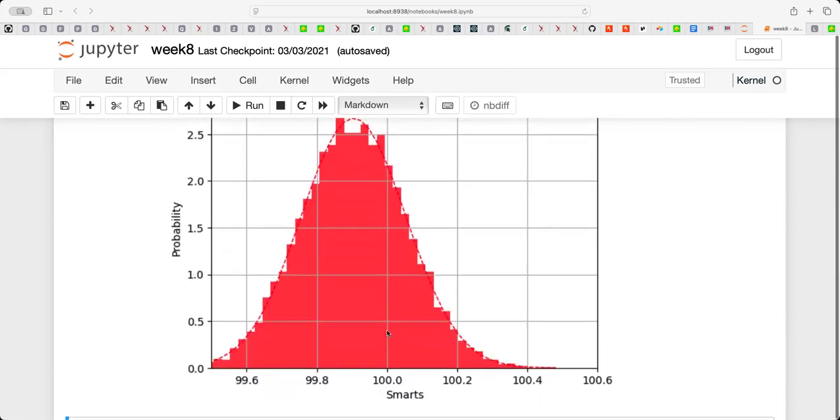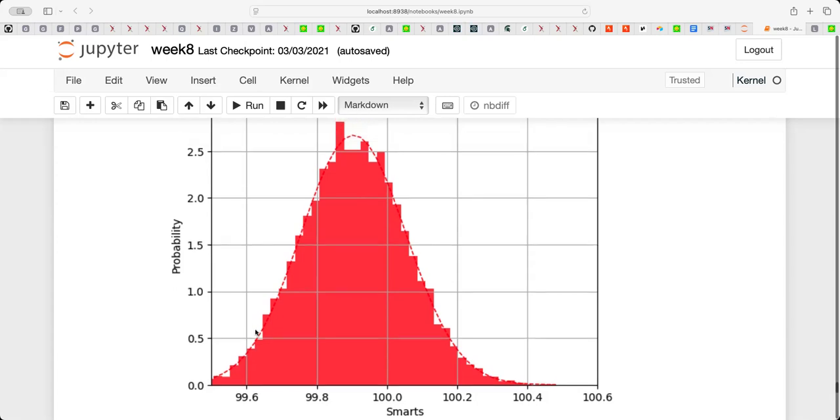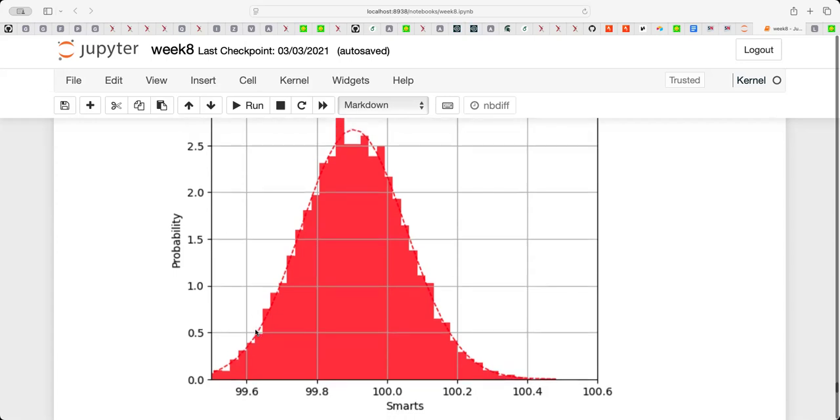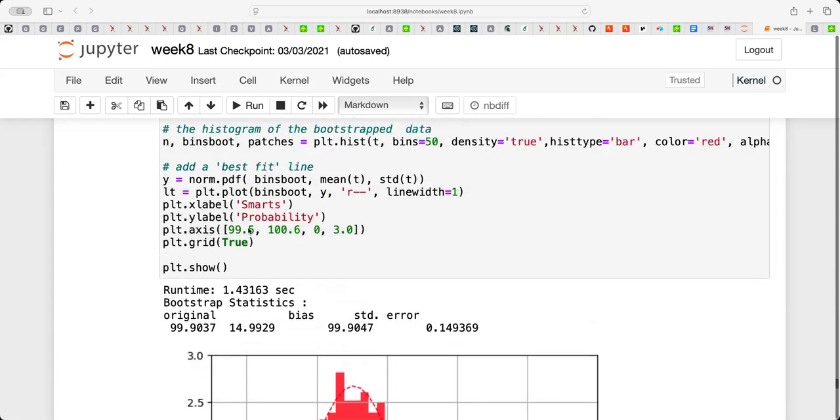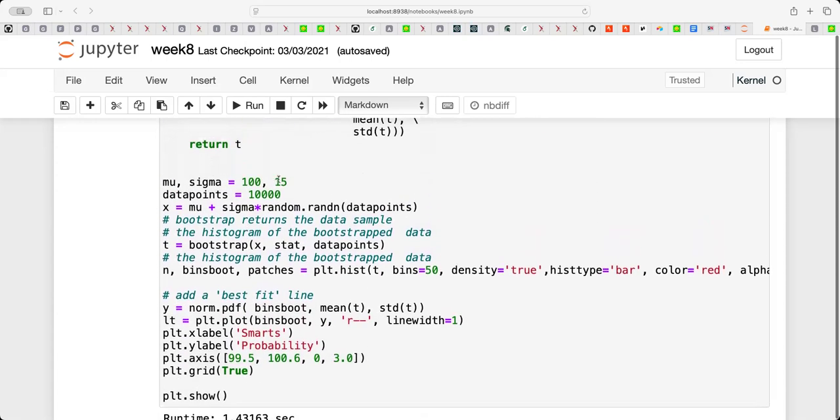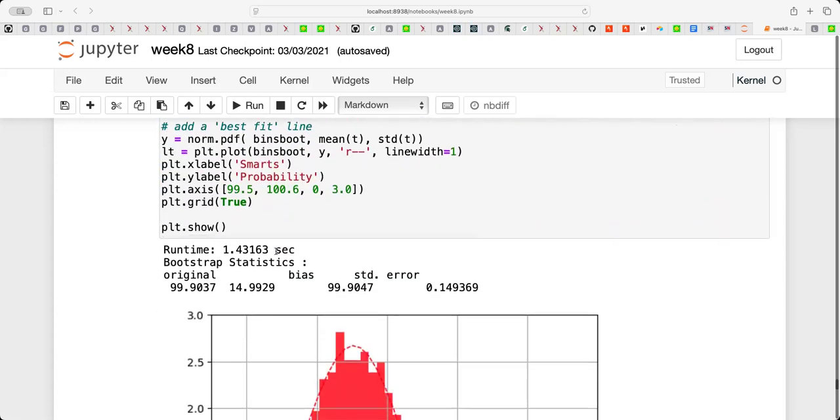You see it's a little bit shifted. It should have been here, but it is shifted a little bit. So I'm just counting here the histograms, how many times it appears. And what you see now, instead of a spread of 15, my spread is now 0.14.